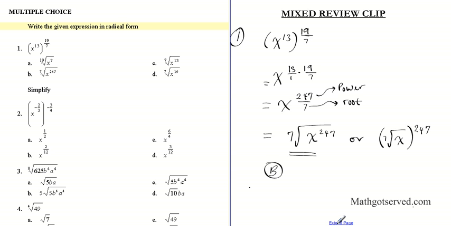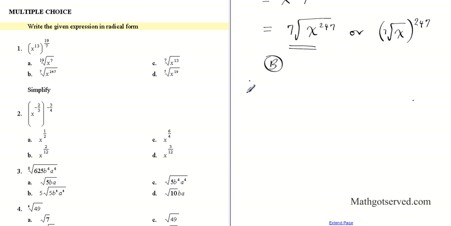All right, let's move along to question number 2. So for question 2, we are simplifying the expression x raised to the negative 2/3 raised to the negative 3/4. So we're going to use the power of a power property here again. All you simply do is multiply the powers, okay? If I multiply the powers, minus times minus is plus. 2 times 3 is 6.